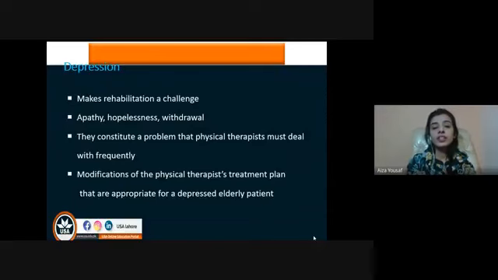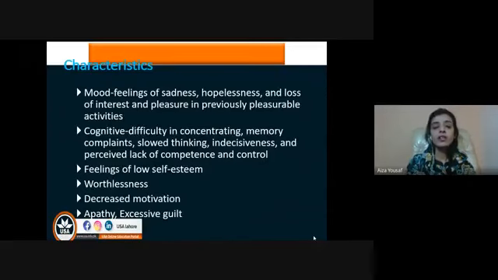There are different characteristics of depression. Some are given below. Number one is mood: feelings of sadness, hopelessness, and loss of interest and pleasure in previously pleasurable activities.